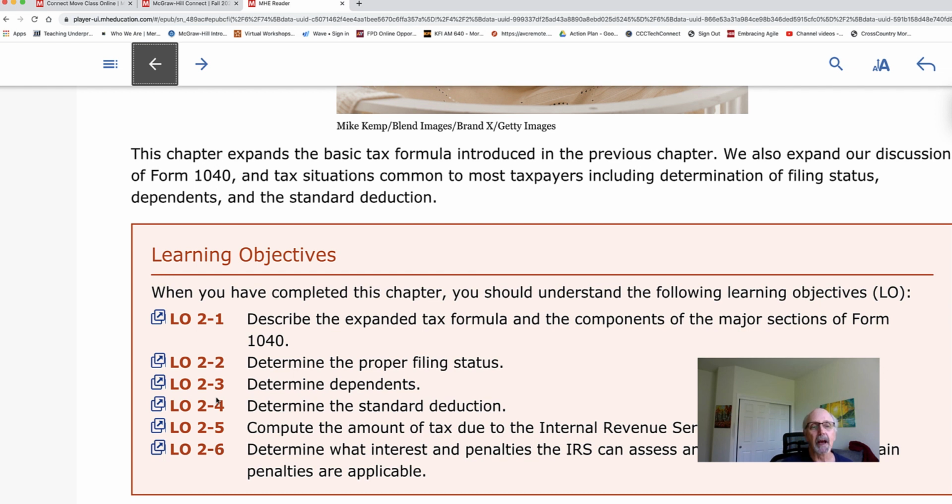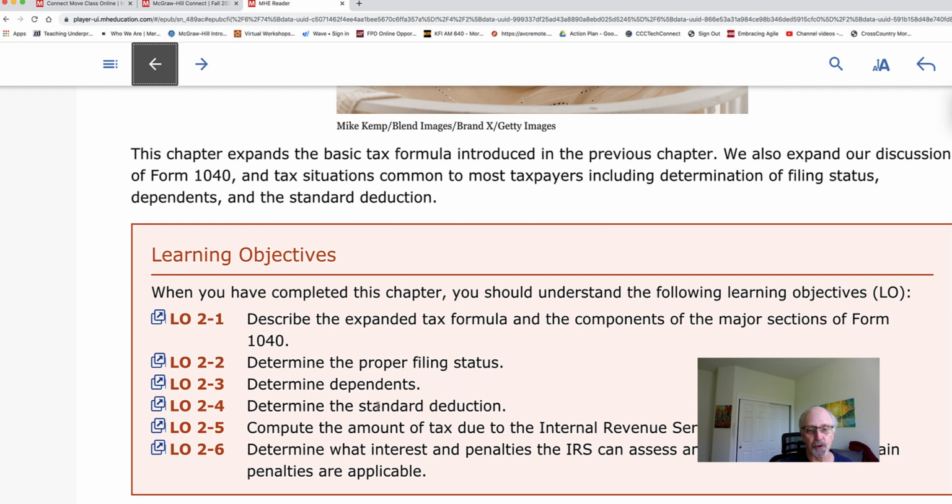So, Chapter 2 has 6 learning objectives, and you can see them on the screen here. So we've got describe the expanded tax formula and the components of the major sections of Form 1040, determine the proper filing status, determine dependents, determine the standard deduction, compute the amount of tax due, and determine what interest and penalties the IRS can assess, in what instances certain penalties are applicable.